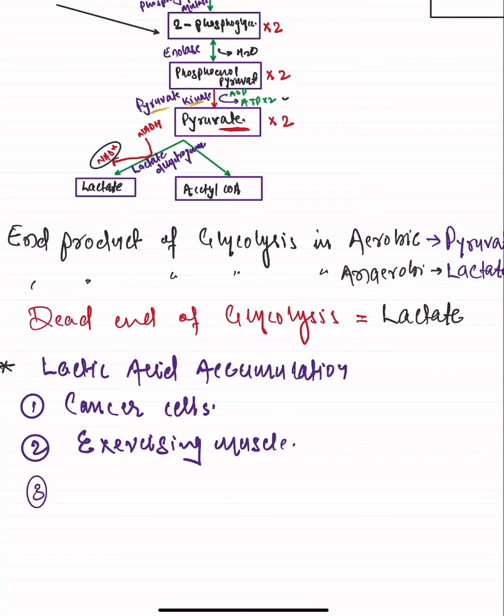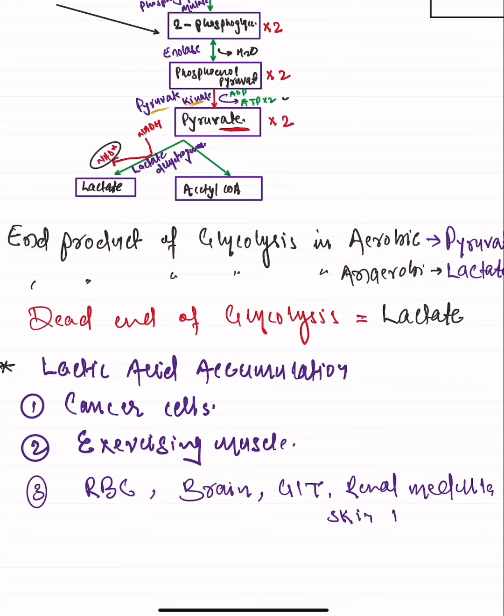The third one is RBC, because anaerobic glycolysis will occur all the time, so lactic acid accumulation will occur with the RBC. There are some other parts of the body also where lactic acid production is high, that is brain, GIT, renal medulla, skin, retina, etc.